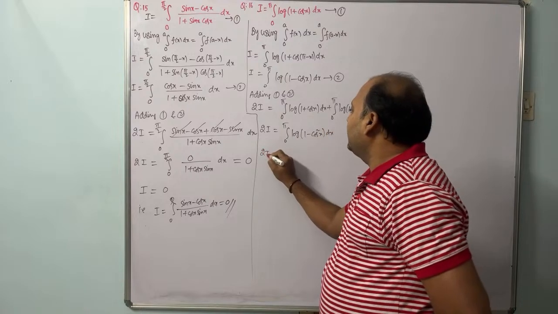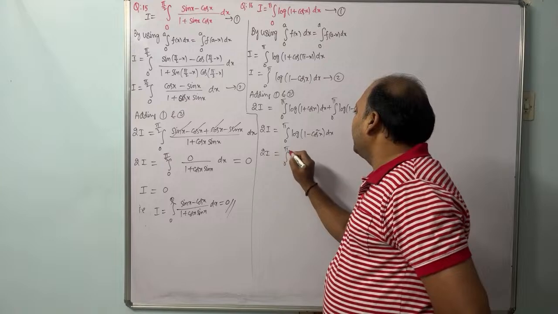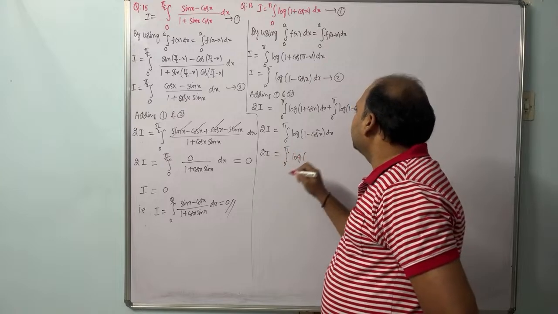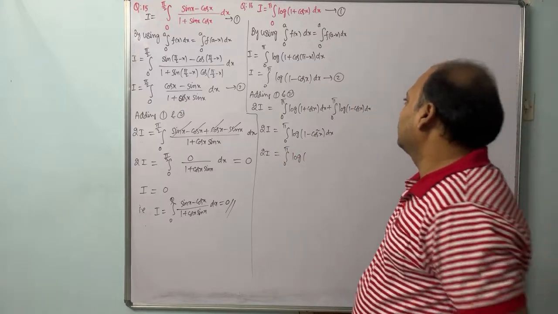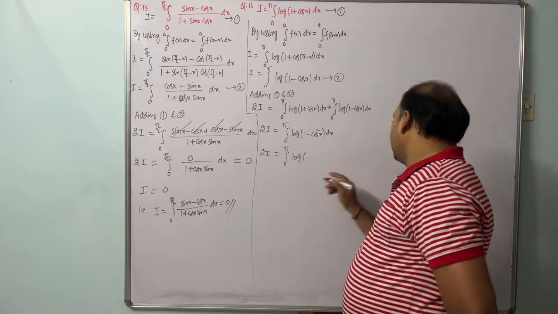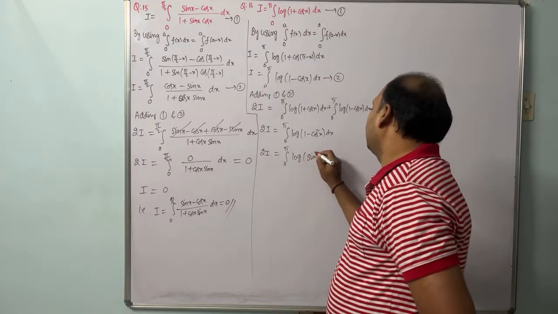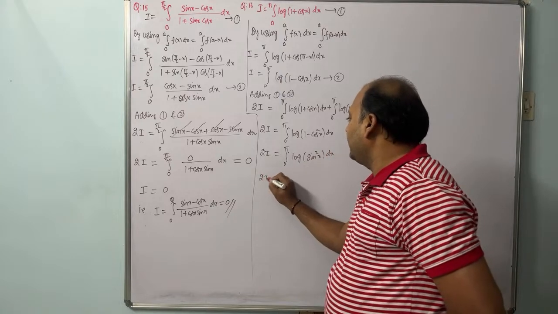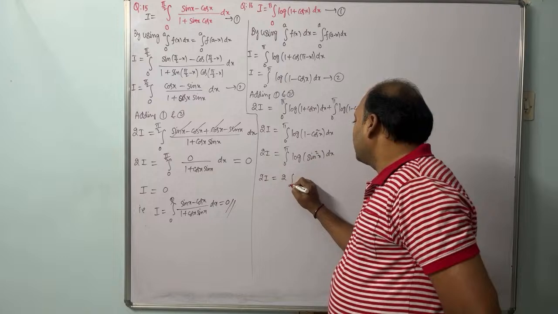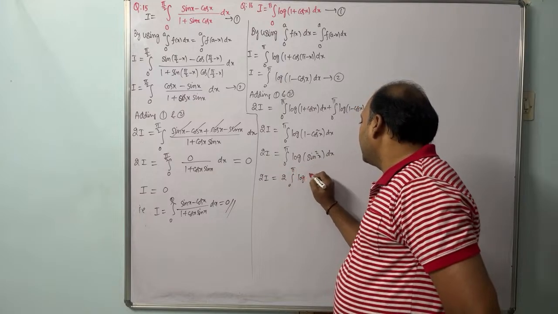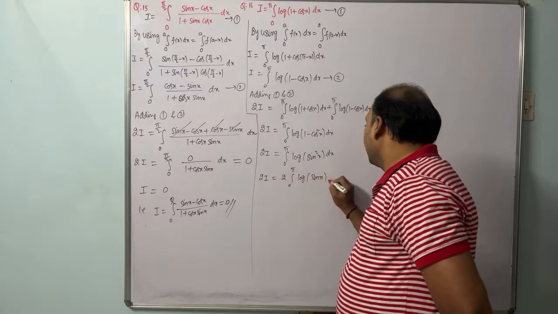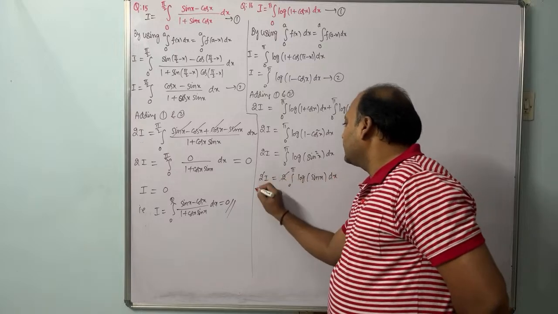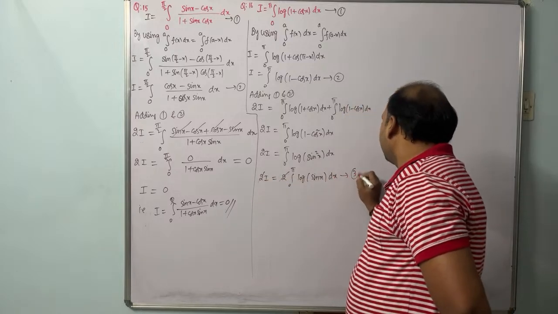So 2I equals integral 0 to pi of log of (1 minus cos square x), sin square x will come, dx. So 2I equals 2 times integral 0 to pi of log sin x dx. Again 2 gets cancelled. Put this as equation number 3.